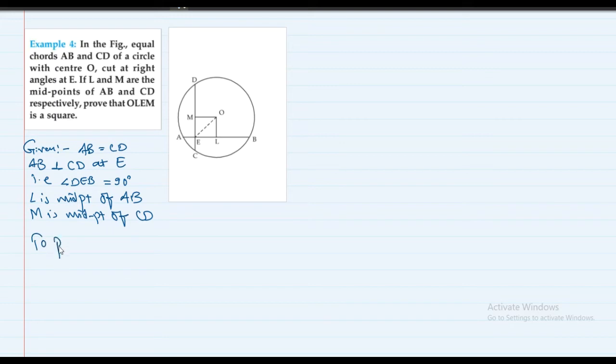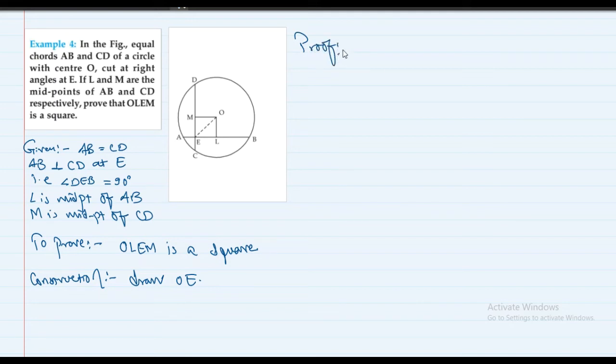To prove: OLEM is a square. Okay, so there is one small construction which they have shown in the figure. Draw or join OE. Okay, let's see how the proof will be.